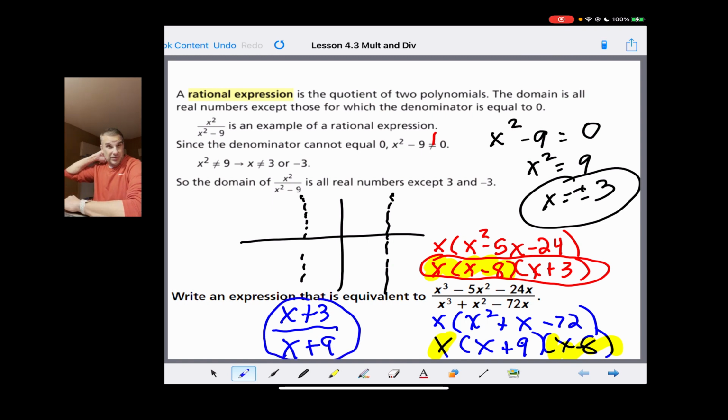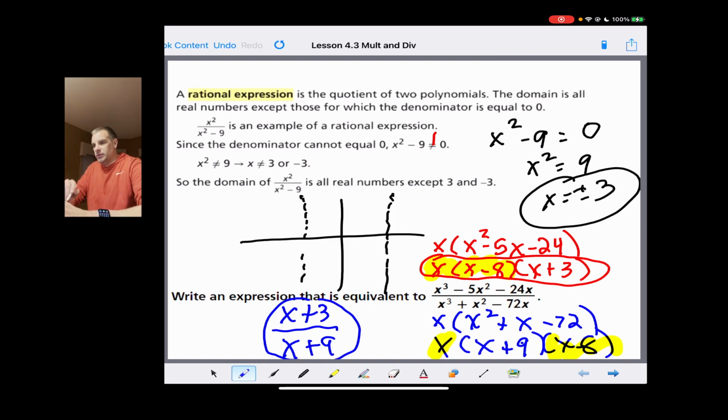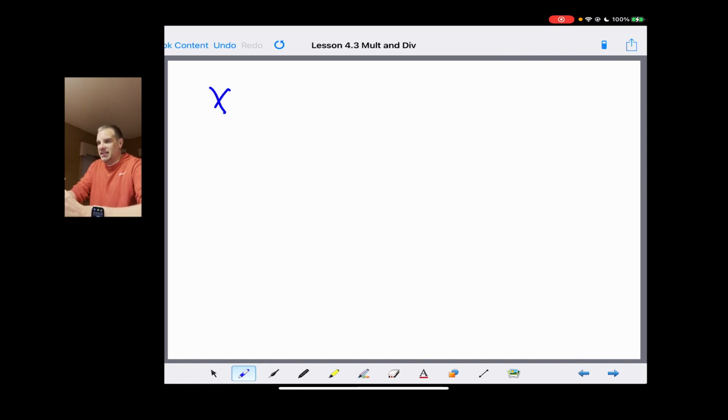Well, now when you're talking about the domain of this, if you're asked what the domain is, the domain is actually when the denominator could be 0. And it's not when its equivalent to 1 could equal 0. So what we have to do when we're trying to find the domain of this one is take that whole denominator, which we had x, x plus 9, and x minus 8.